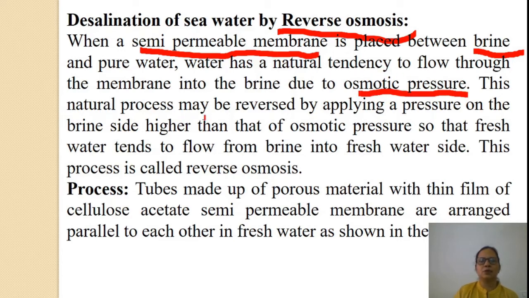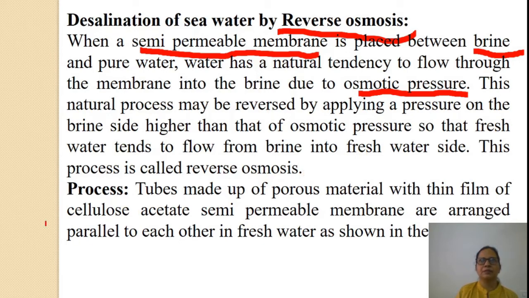This natural process may be reversed by applying a pressure on the brine side higher than that of the osmotic pressure, so that fresh water tends to flow from brine into the fresh water side. And this process is called reverse osmosis.